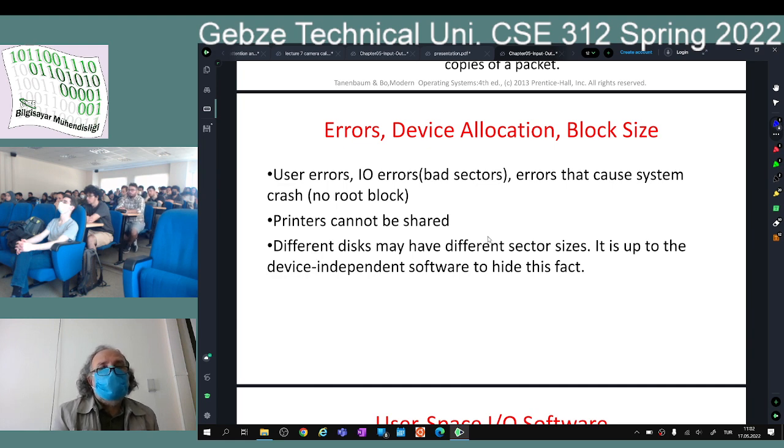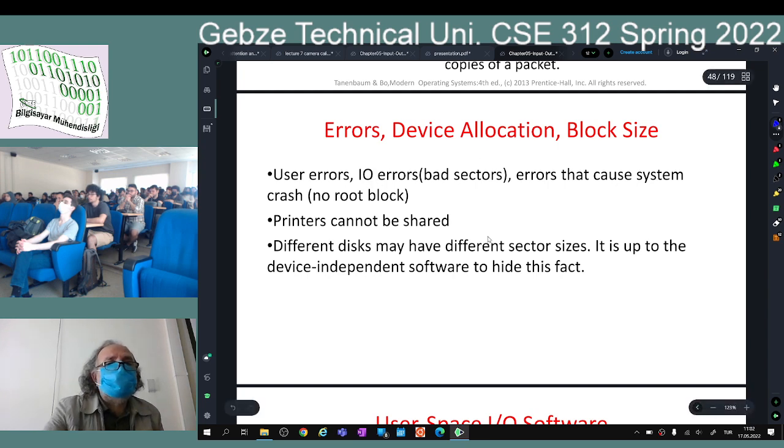Connection problems happen for the network drives, but they don't usually happen for the hard drives, for example. So errors have to be handled, different types of error for different types of devices. Bad sectors is something that happens a lot for the hard drives.